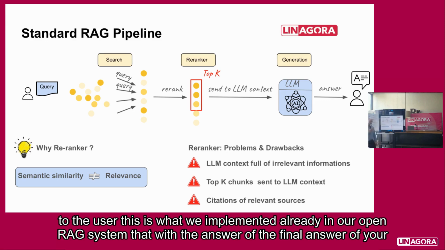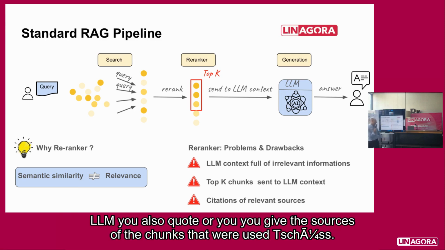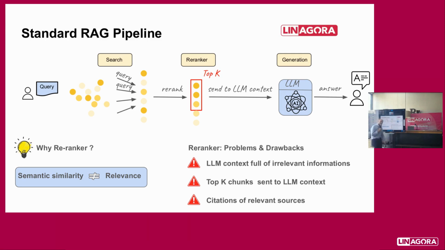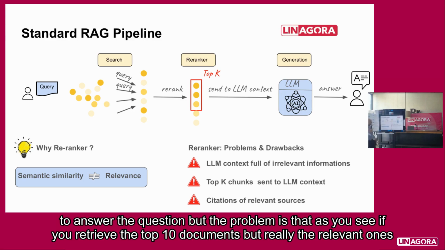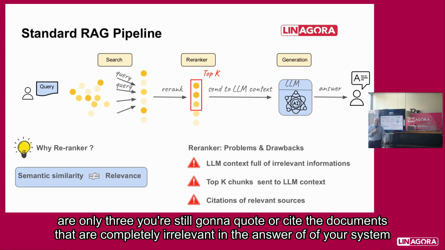This is what we already implemented in our OpenRAG system: with the final answer of your LLM, you also quote, or give, the sources of the chunks that were used to answer the question. But the problem is that if you retrieve the top 10 documents, but really the relevant ones are only 3, you're still going to cite the documents that are completely irrelevant in the answer of your system.